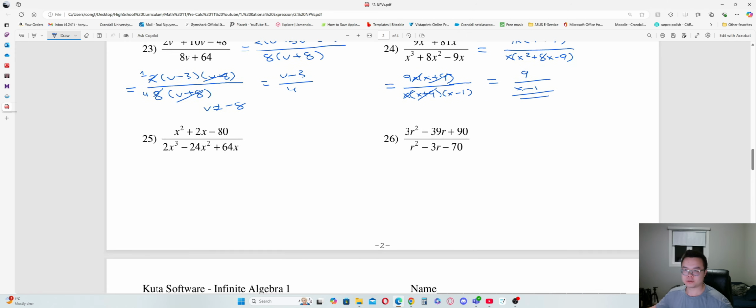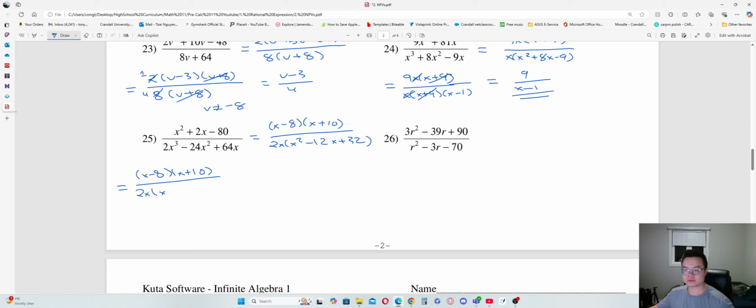Next, this question, the number is big, but let's factor the top one first. So when you factor this, you should get x minus 8, x plus 10. We take the greatest common factor out, which is 2x, so I'll have x squared minus 12x plus 32. Then I'll have x minus 8, x plus 10 remain the same. 2x outside.